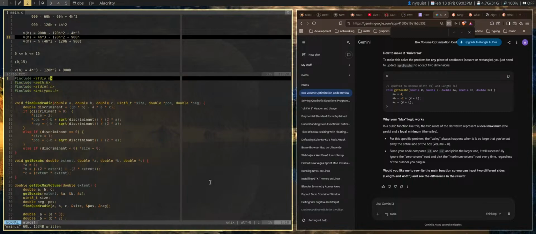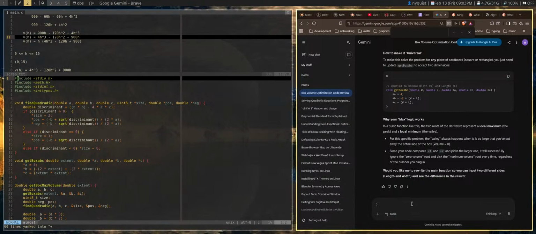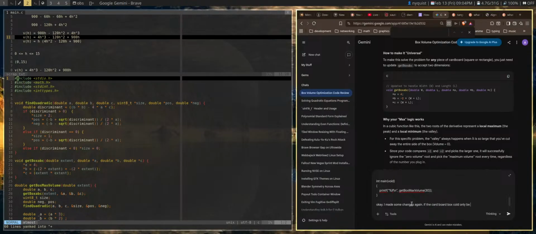All right. If the cardboard box could only be a square, would this work?